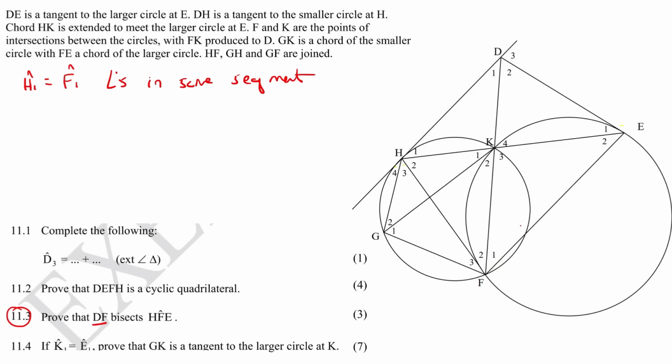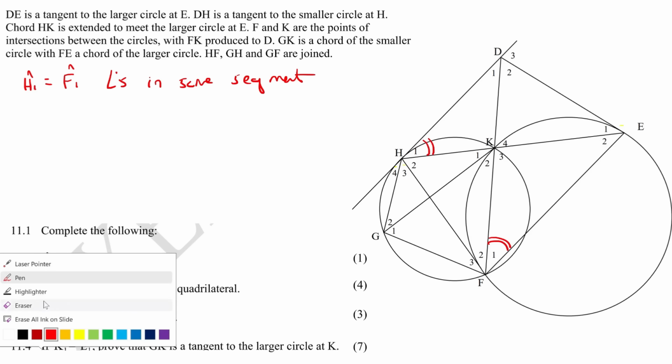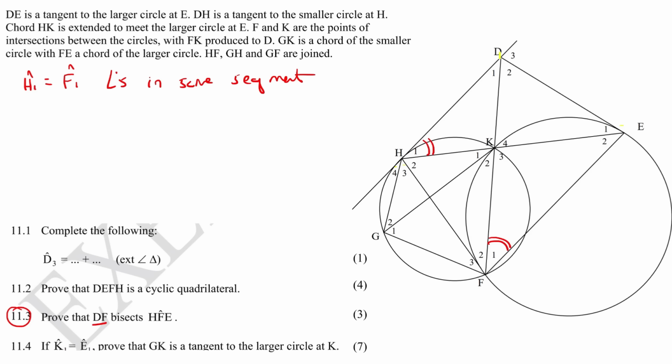Okay, so we've now shown that this angle and this angle are the same. However, if you remember earlier when we were looking at this tangent to this circle and we looked at this chord, we said that H1 must be the same as F2, right?